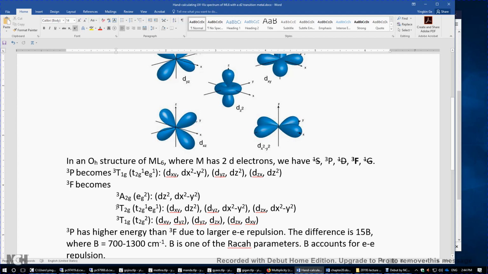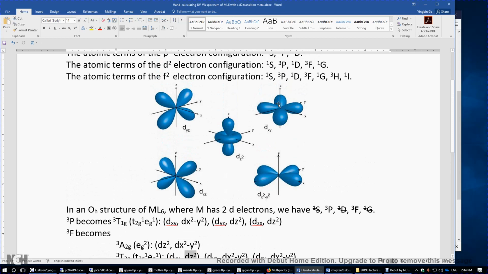And also, we may have this t2g. So in this case, we also put 1 electron in the t2g orbital and 1 electron in the eg orbital. However, we do this a little differently. So, for example, we put one electron in the dxy orbital, the other in the dz squared orbital.